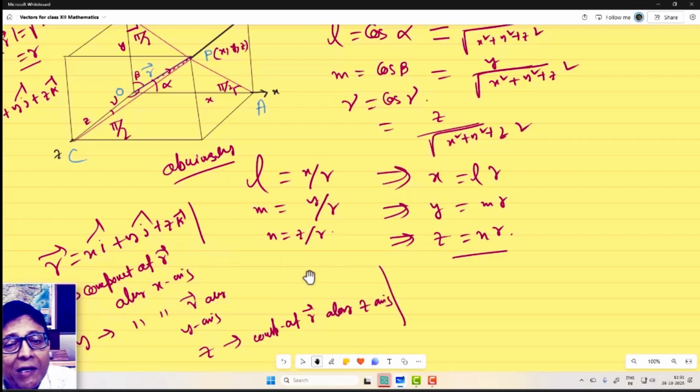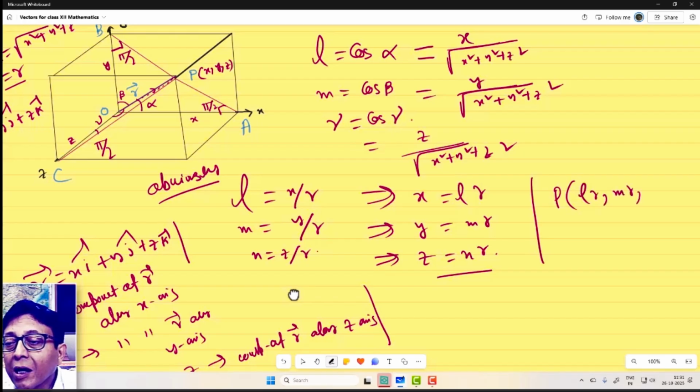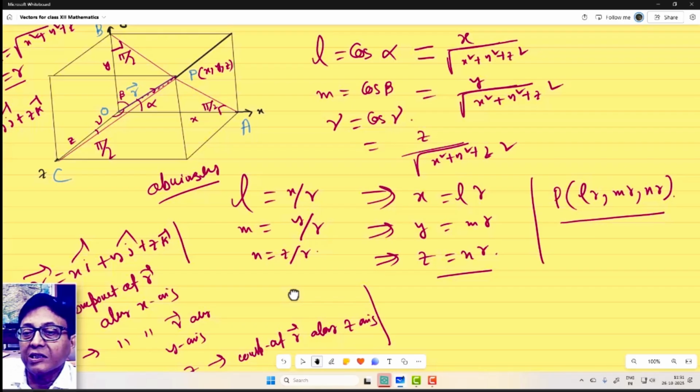Now think of the vector xyz. So P has the coordinates LR, MR, NR. Or these three quantities are components of the vector xi, yj, zk.